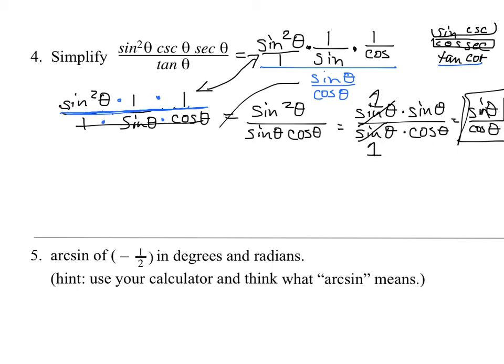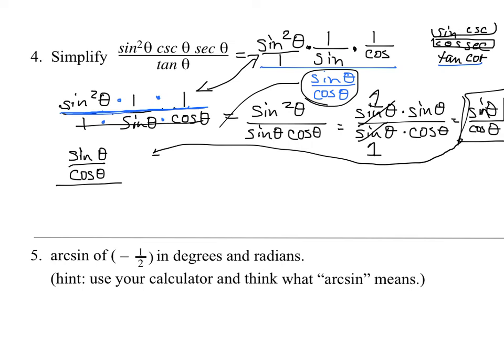So I'll free up a little bit of space. Okay, back in the numerator, this thing right here, let's put that back in the top. So we have sine theta over cosine theta. That's the simplified version of the numerator. And then in the denominator here, we have sine theta over cosine theta.